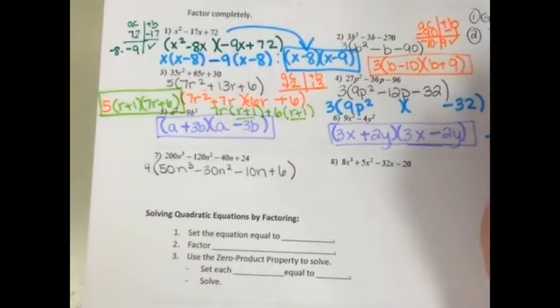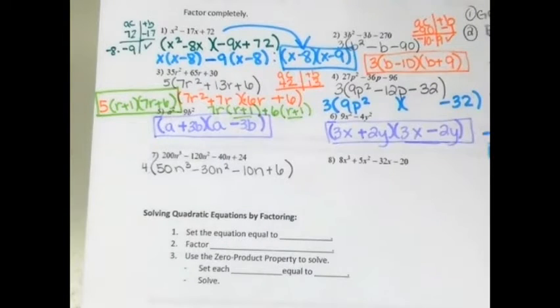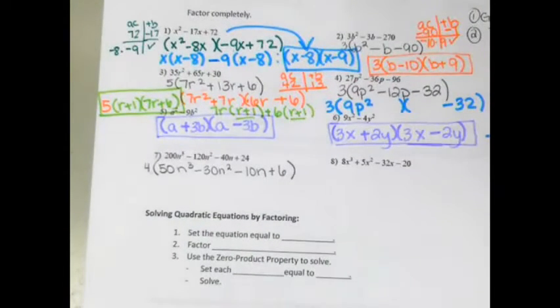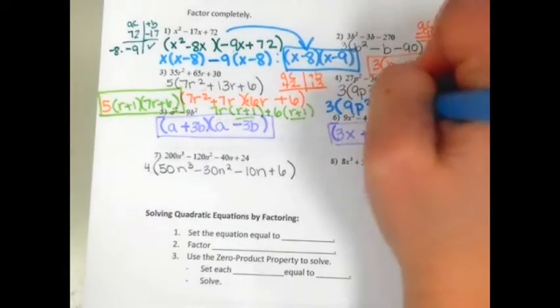Which one's negative? Yep, good. That's all right. Sometimes they do. So do you want to put the 12 or the 24 first? Does it matter? No. So let's do the 12. We have 12p and then negative 24p.